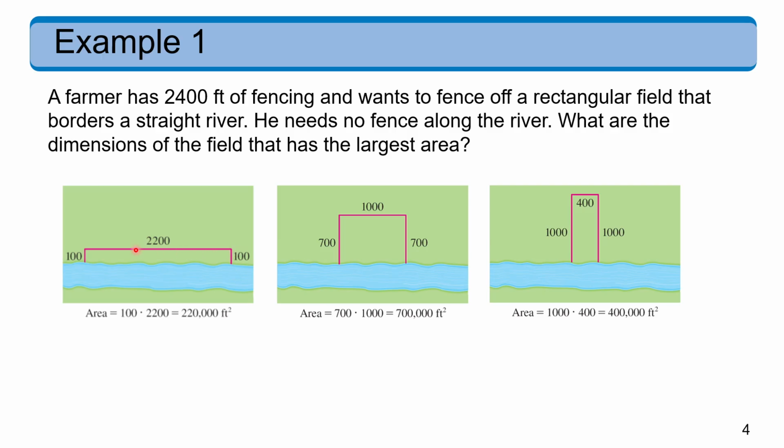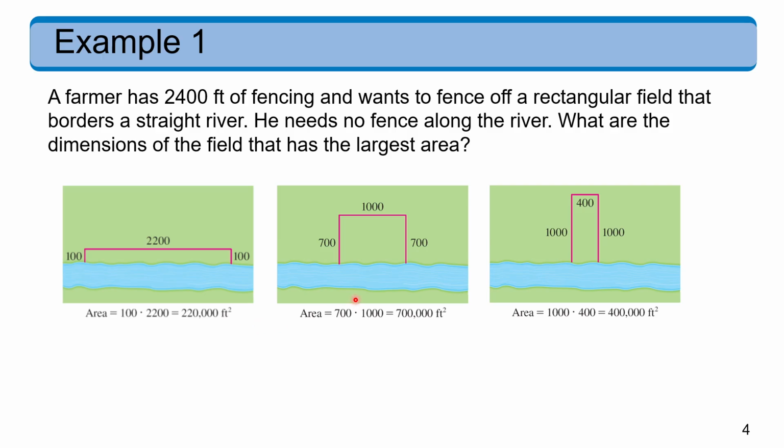So the total amount of fencing in red adds up to the 2,400 feet. Right? So 2,200 plus 100 and 100 more gives us the 2,400 feet. Remember, we didn't need any fencing along the river. And then down here we've calculated the area. So it'd be 100 times 2,200, so there's the area of that field.